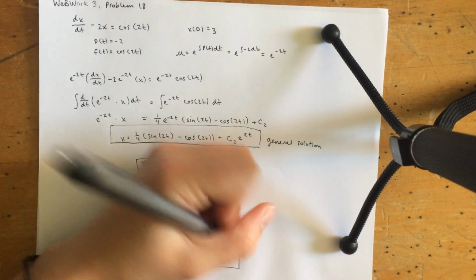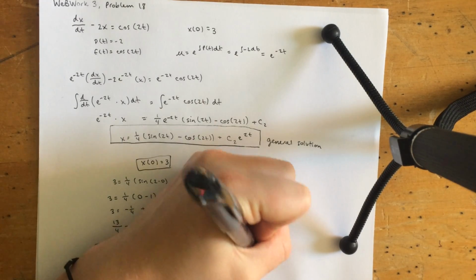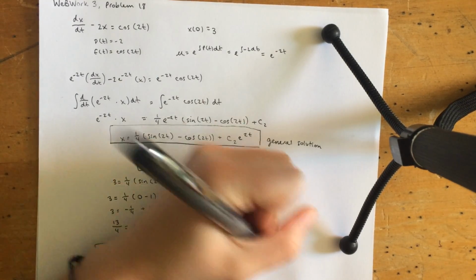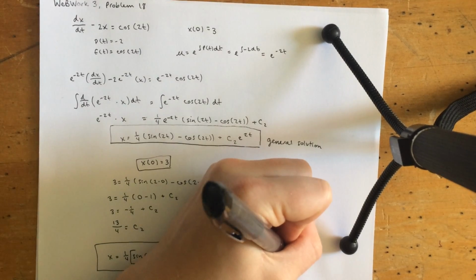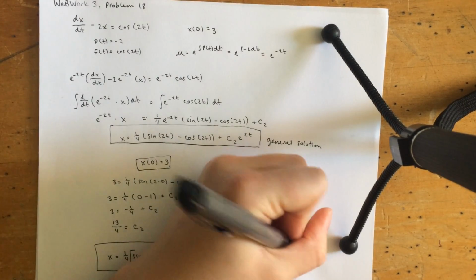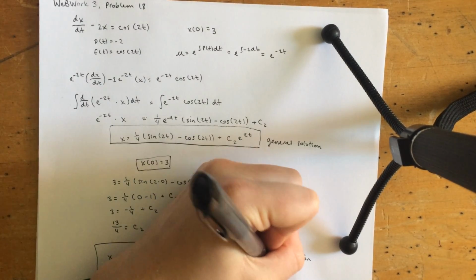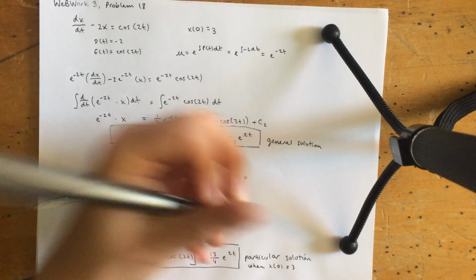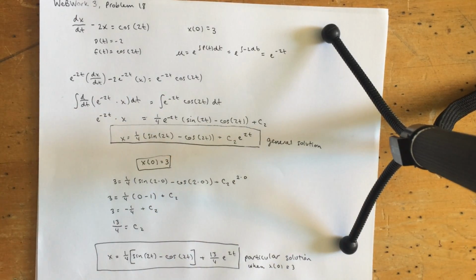And that is our particular solution when x of 0 equals 3. Okay, and that's how you solve that problem.